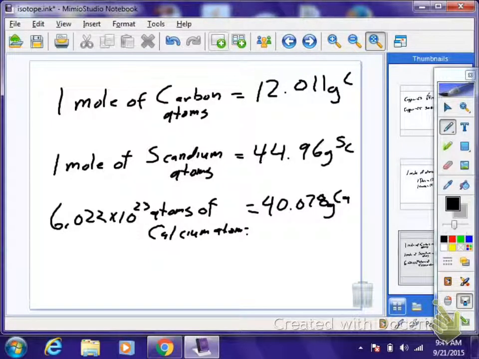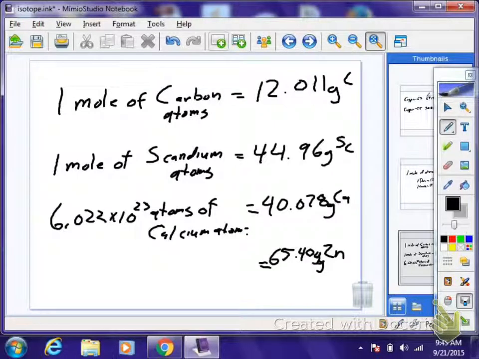Right? So, one more. I'm going to give you a weight, and then you need to tell me how many moles that would be. Okay? So I'm going to go 65.409 grams of zinc.